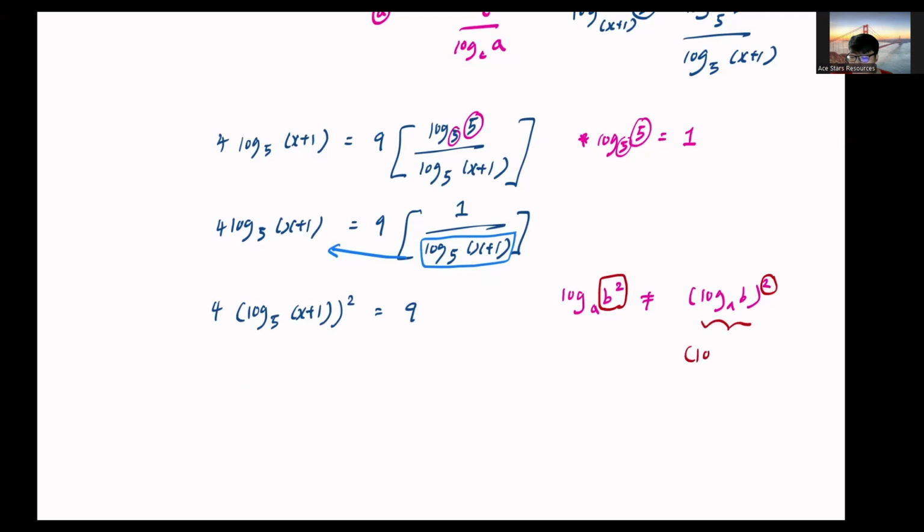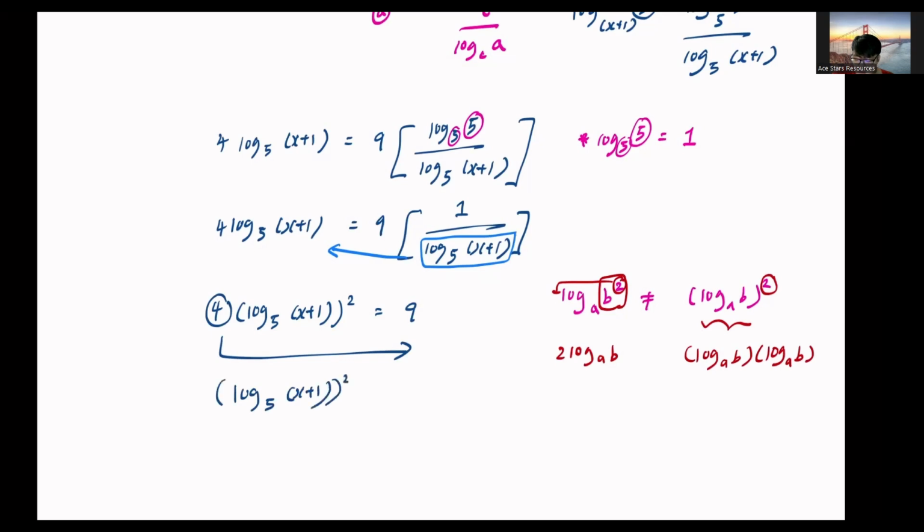It just refers to log base a of b multiplied together repeatedly. But for this one, you can use the power rule because the power of 2 technically belongs to b. Please don't make this simple mistake that will cause you to lose marks. Just move the 4 back to the other side: log base 5 of (x plus 1).